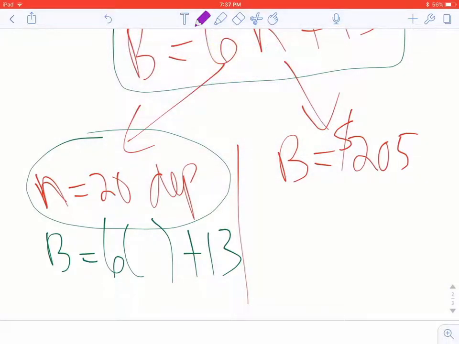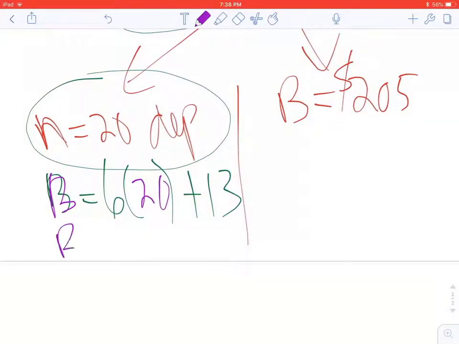And n is 20. Okay, and I would just simply put that in the calculator. And the balance would be 6 times 20 is 120, plus 13 is $133 after 20 deposits.